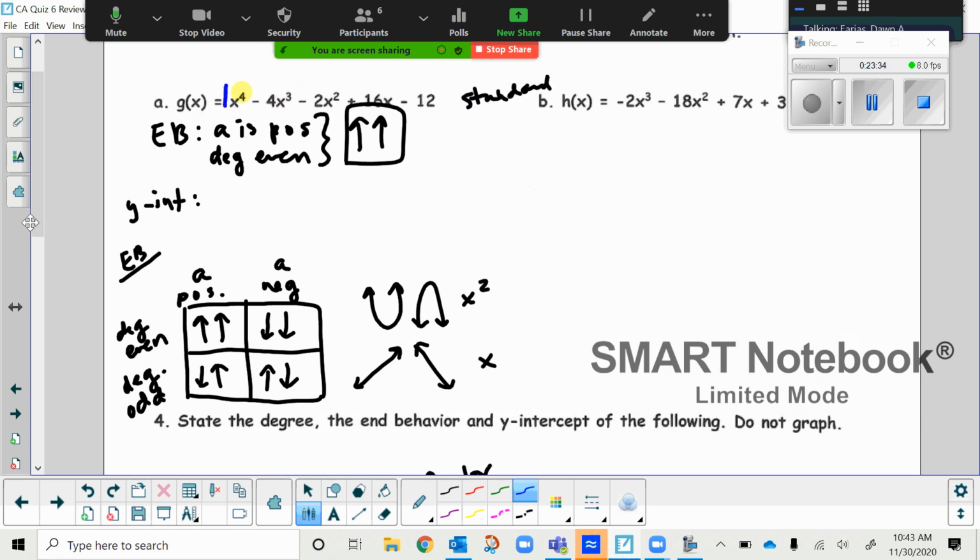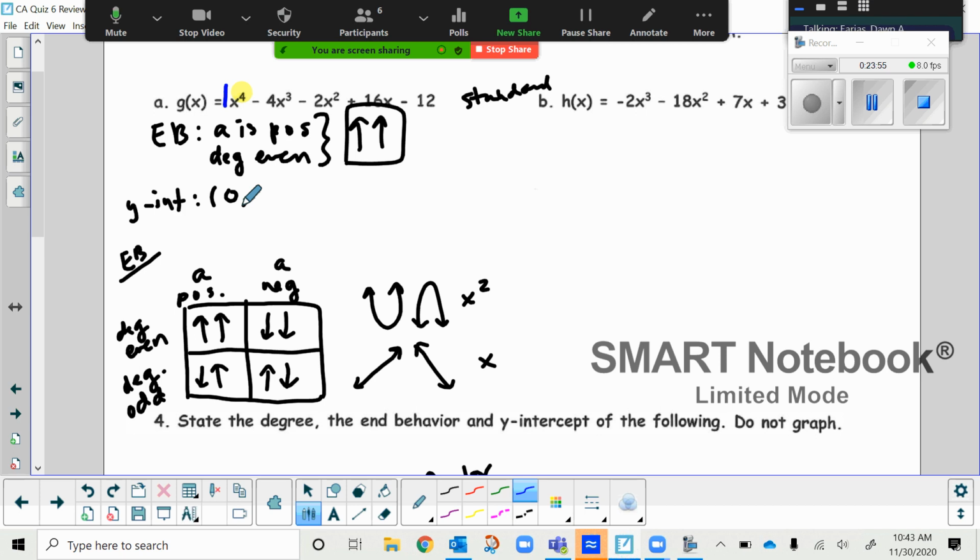When it's in standard form, your y-intercept is a point, so I'm going to write an ordered pair. You're basically plugging in 0 for all the x's. That's what a y-intercept is: when the x value is 0, where does the graph cross the y-axis?